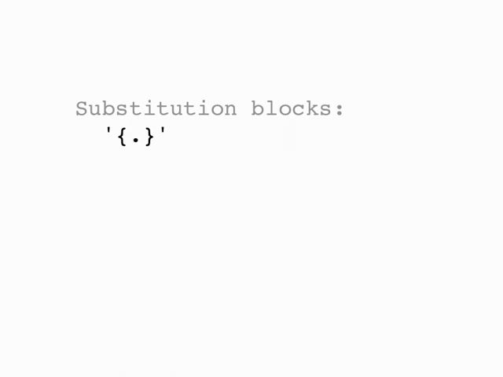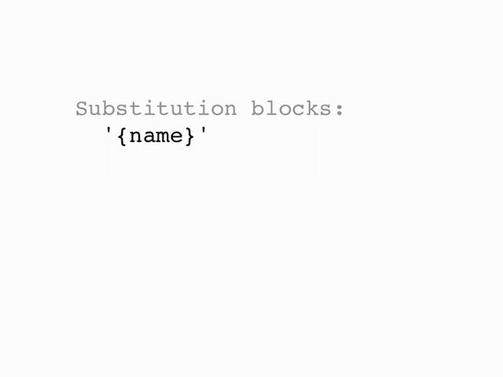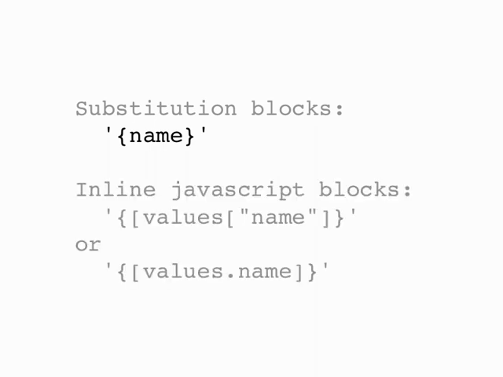The current object, which is available through the dot variable in curly braces, is referenced instead with the variable values. In curly braces, it's possible to name a property by itself, but when executing inline JavaScript, you have to reference the property through the values object, either using square bracket or object literal notation.